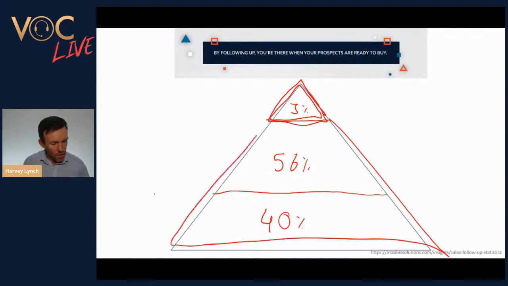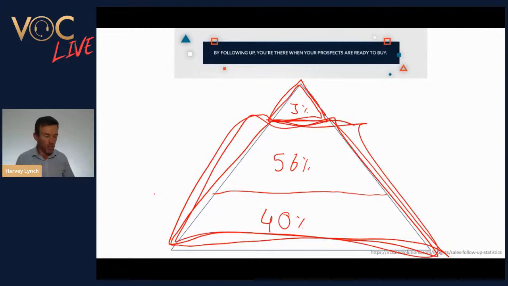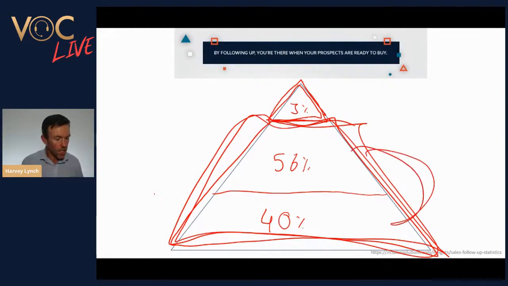But when we think about where the actual money is out there in a marketplace, have a look at the size of this. That is where the money is in these two sections here, right? So when we think about our marketing, if we are positioning ourselves in front of this portion of the marketplace, yes, we're going to get some people that are ready to do business today.